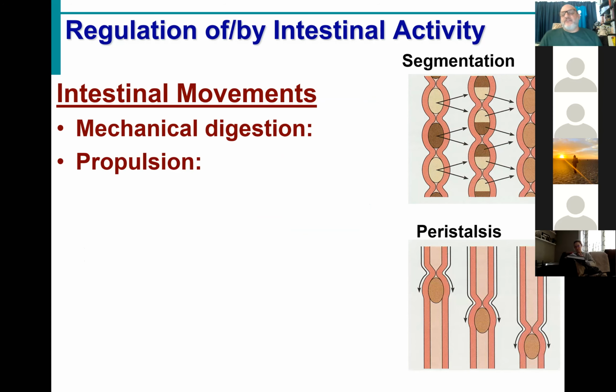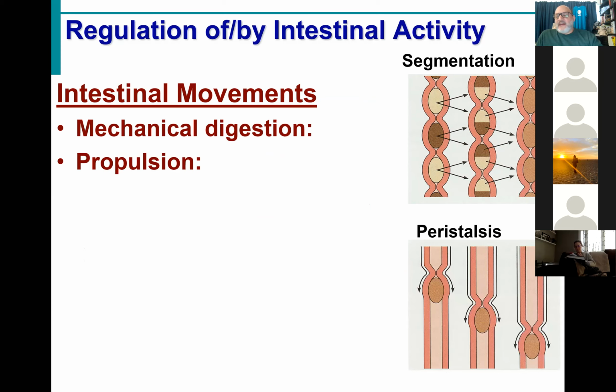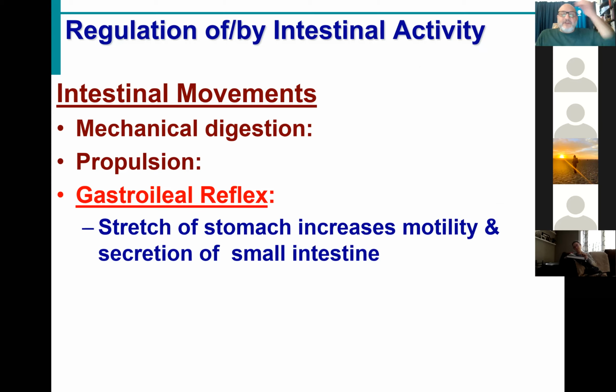We still have to move things through it, and so we're still going to use peristalsis for doing that. That definitely occurs in the small intestine as well. And these processes of segmentation and peristalsis can be, not surprisingly, controlled both hormonally, but also neurally. A couple of the important reflexes, one of them is what we call the gastroileal reflex.